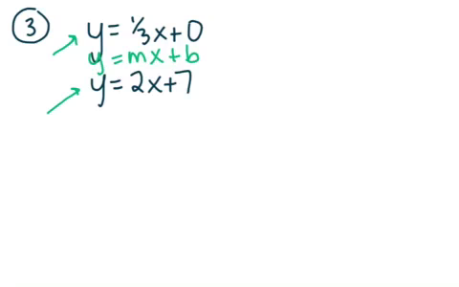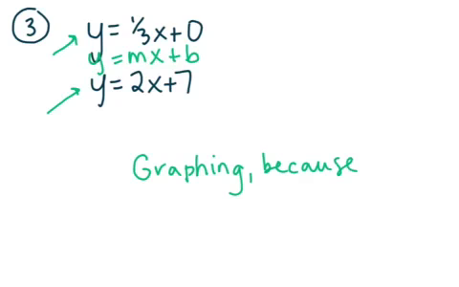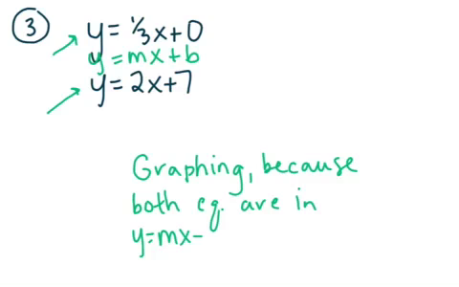So this one is really great to use for graphing. And to justify my reasoning, I would say because both equations are in slope-intercept form, or y equals mx plus b form.